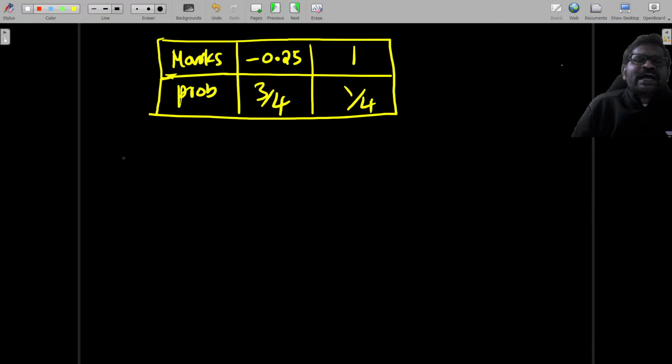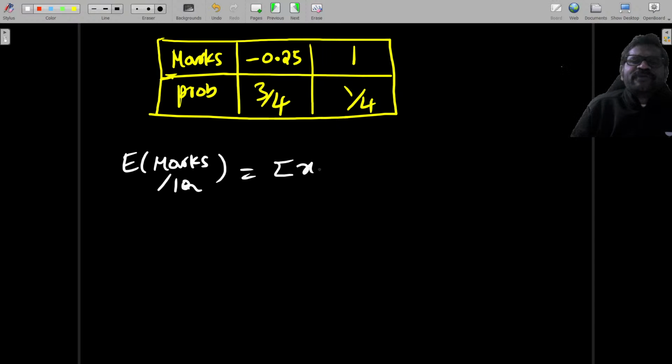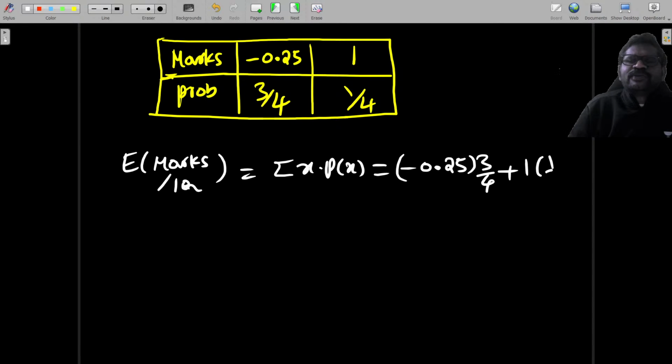Now expected marks per 1 question. Sigma x into p of x, minus 0.25 into 3 by 4 plus 1 into 1 by 4. This is nothing but minus 3 by 16 plus 1 by 4.